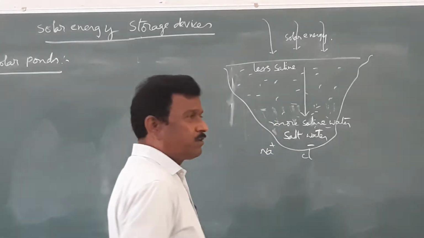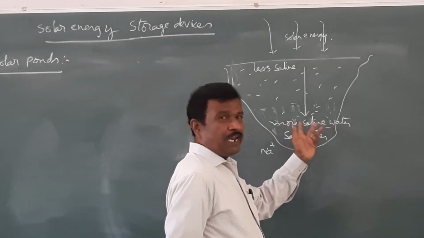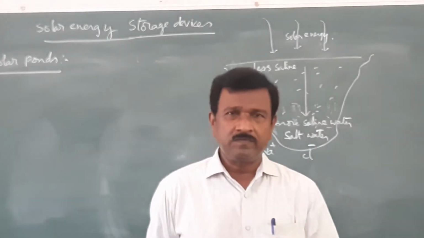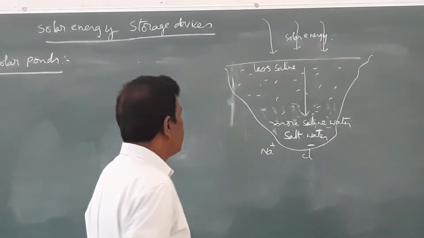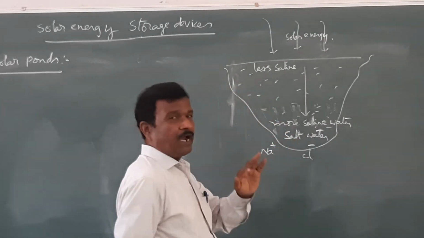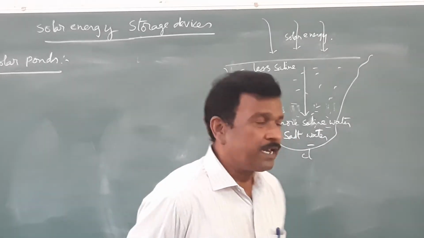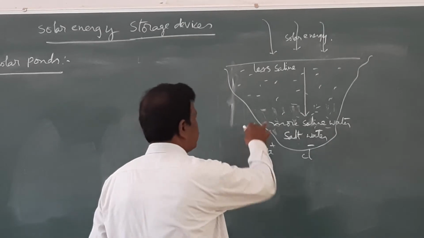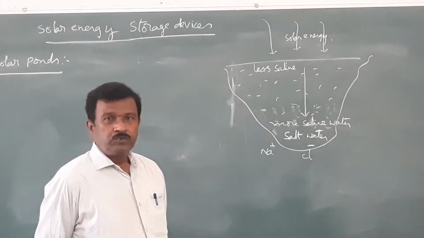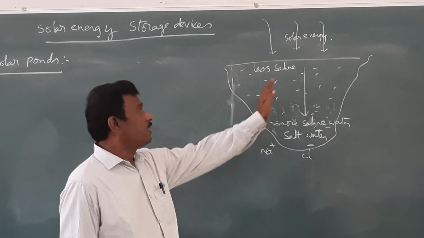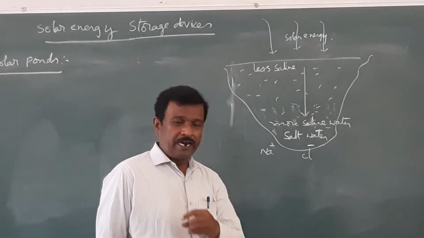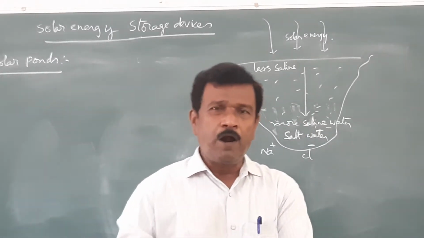Simply we are utilizing freely available ponds. Therefore, you can store energy at a very cheap rate in solar ponds. So, in this manner, you can store the solar energy in solar ponds.